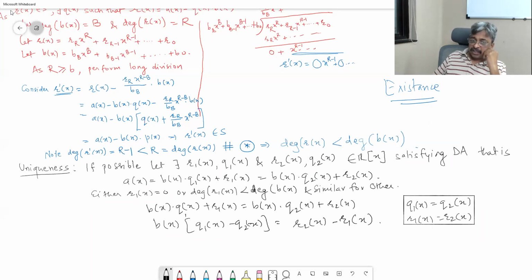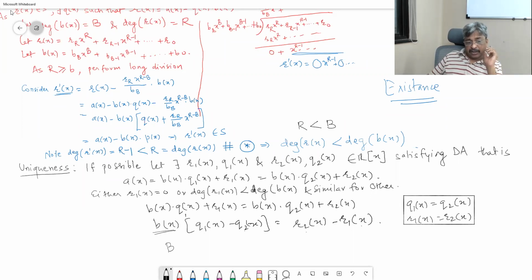And there exists a contradiction here. B of x into q1x minus q2x is equal to r2x minus r1x. Here we have already proved r is less than b. So if we compare the degrees, b of x has degree capital B. Q of x will have some degree or it might be 0.